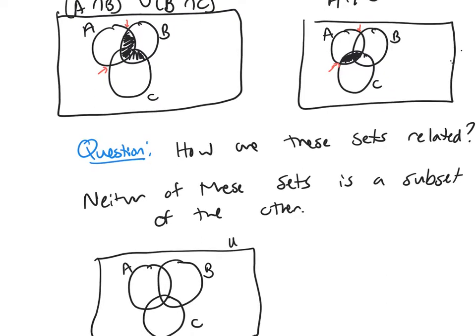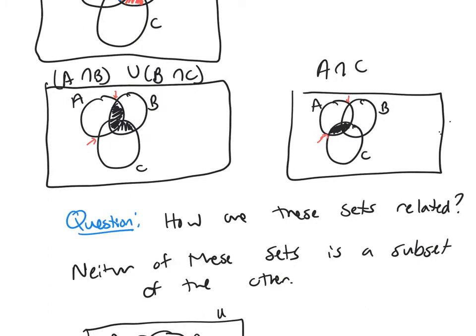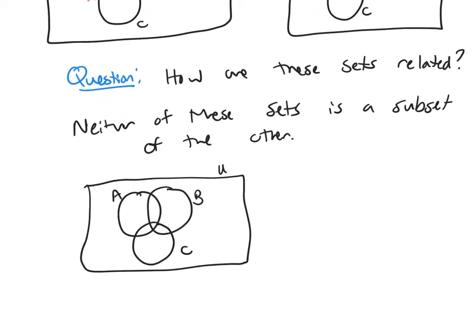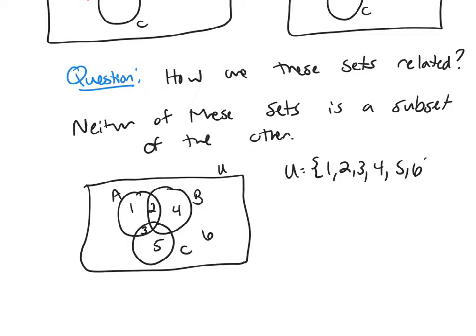So I need to make sure to include elements where these two arrows are located. Let's go 1. I need something in this one here, so I'll put 2 there. And I need something here, 3. Then I'll just put in some more numbers, 4, 5, and 6. So my universal set is the numbers 1, 2, 3, 4, 5, and 6.